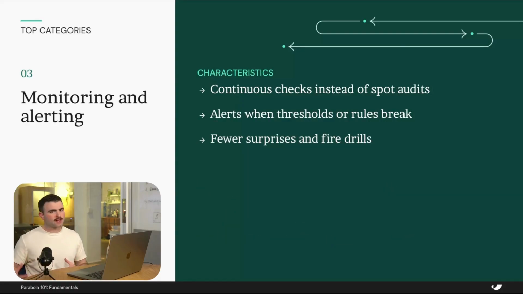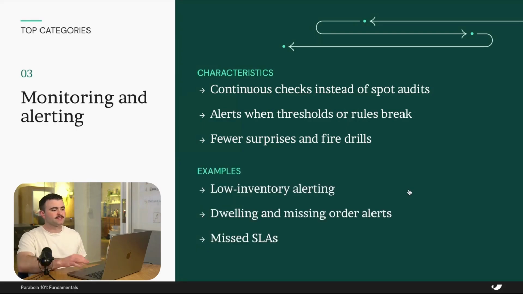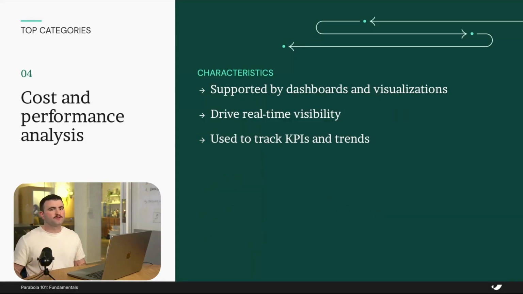Often related to reconciliations are monitoring and alerting workflows that are built to notify you over channels that you live in every day, like Slack and email, as soon as human action is required. We see teams commonly deploy these types of use cases to track things like low inventory levels, as well as delayed or missing orders between your ERP and different fulfillment channels. Finally, we have use cases related to cost and performance analysis.